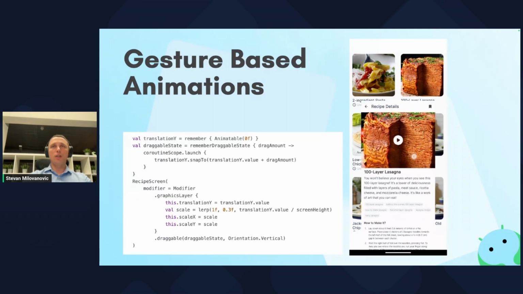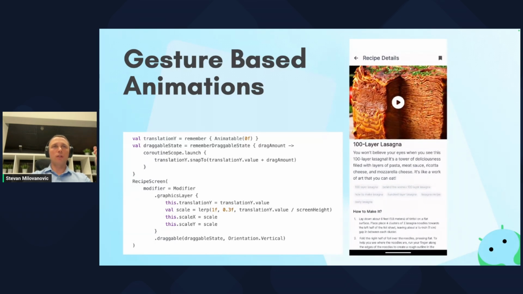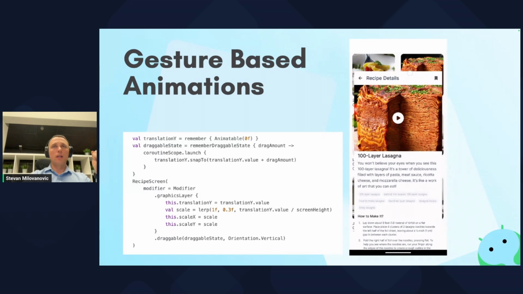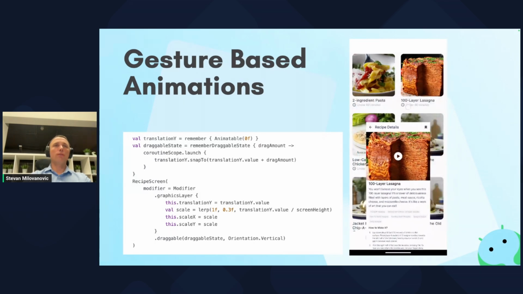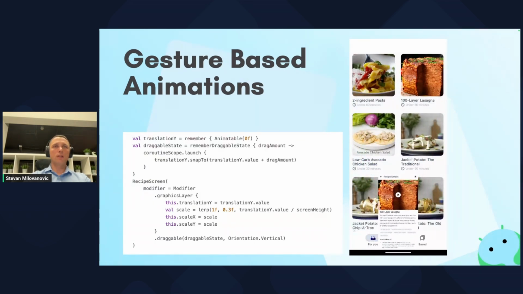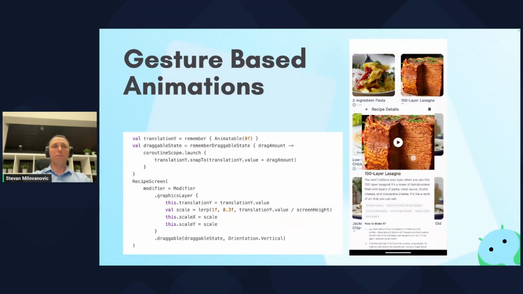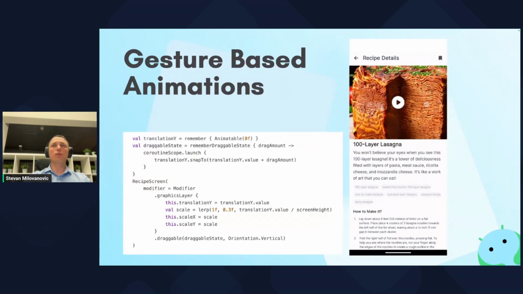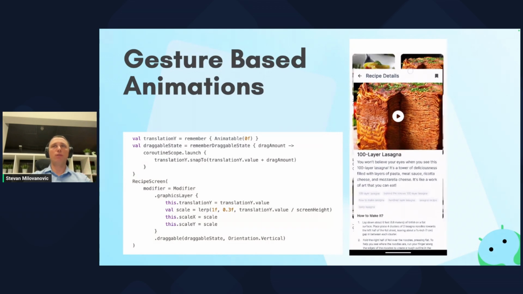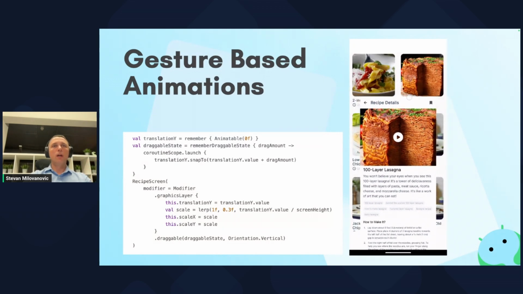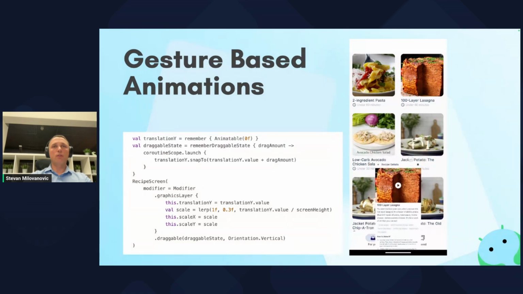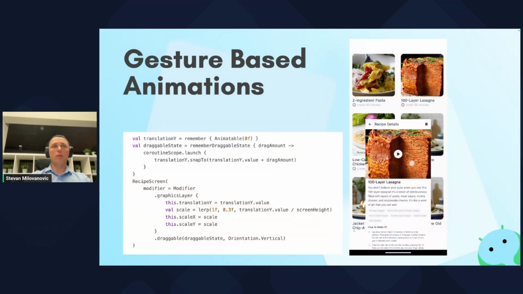In this initial implementation, which you can see on the left side, we defined a draggable state, and we used that draggable state to assign it to a draggable modifier, which makes our view draggable. And in the graphics layer, we define how we actually want to animate our view.